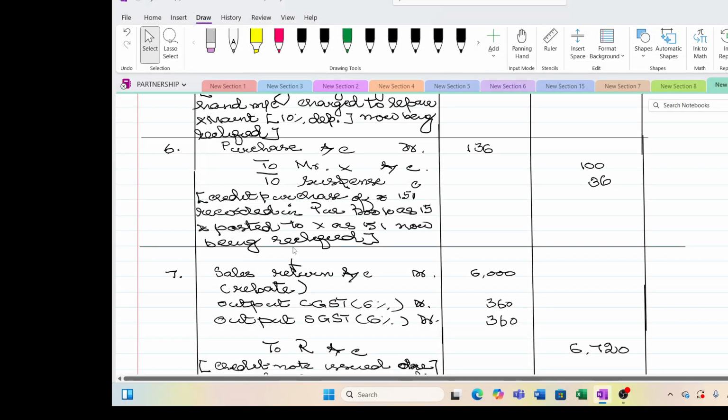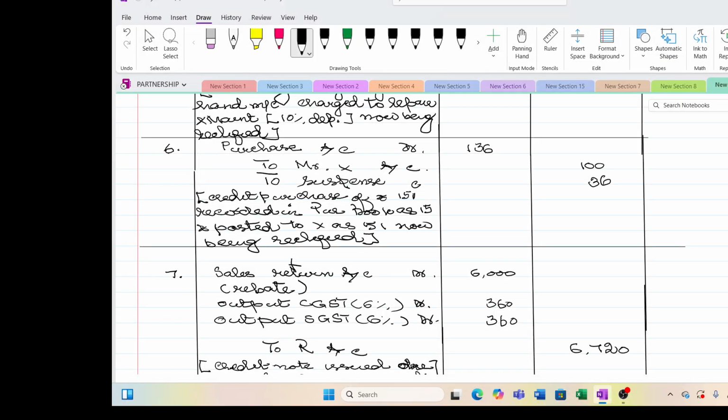They have purchased. Let me take it as the purchases book. When you purchase something from X, how will you enter it in the purchase book? You need to understand the concept thoroughly, then only you'll be able to do this with accuracy as well as speed.